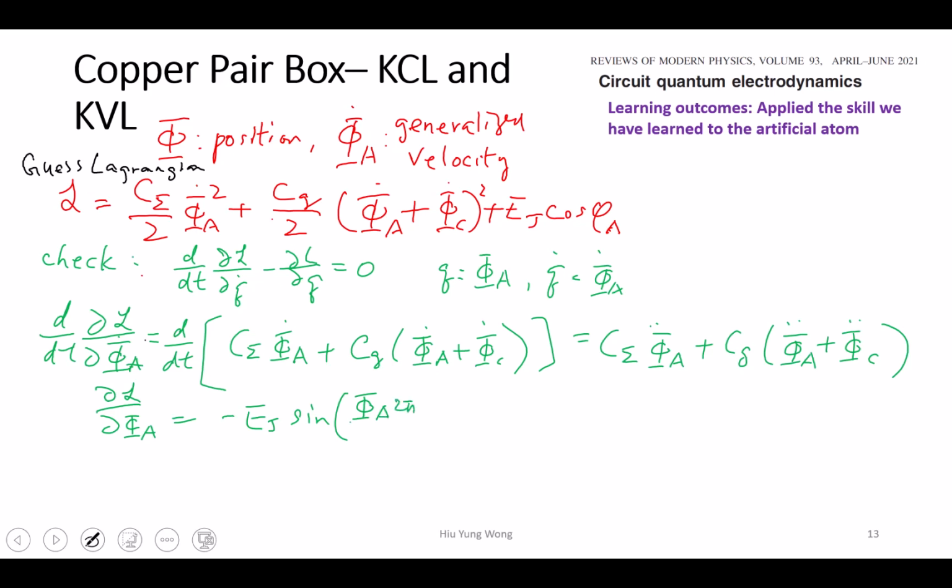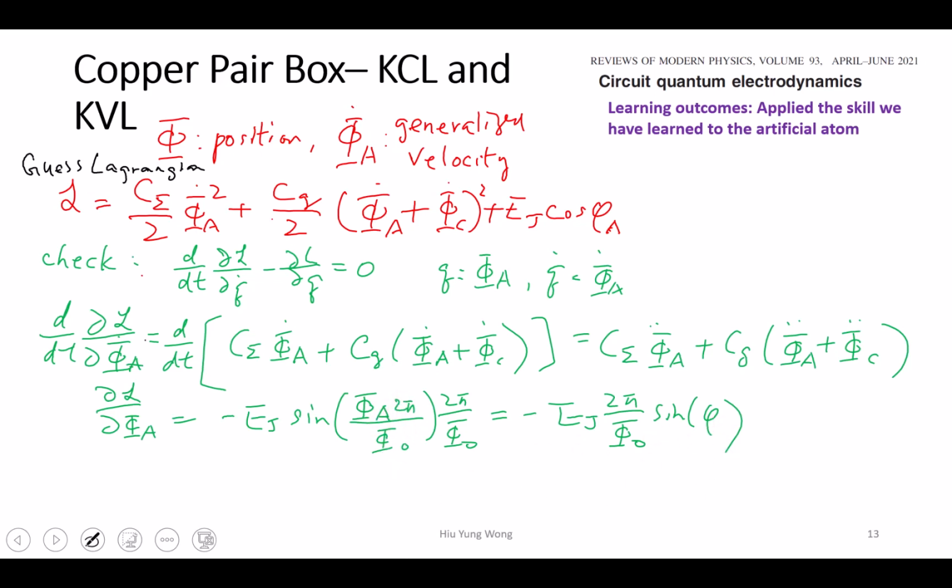In front of it, I need to take out this 2 pi over phi naught, which I can put back as negative EJ 2 pi over phi naught times psi, and then I use the phase again. I just group everything into phase. Okay, this is sometimes confusing, right?